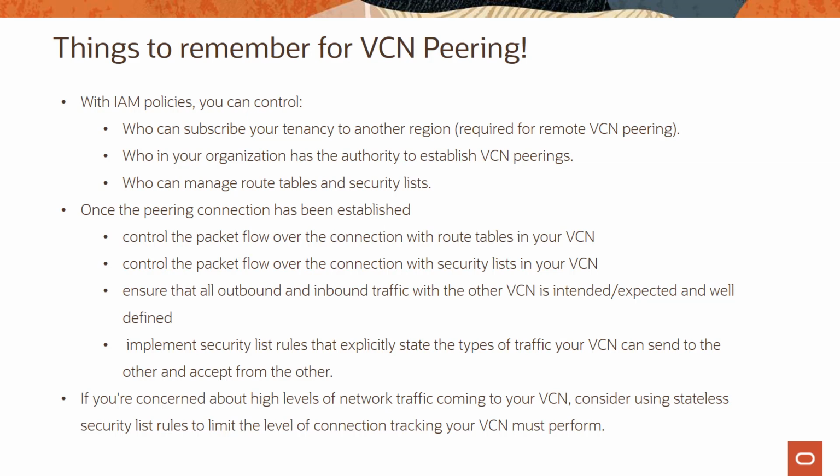To guard against such attacks, you have to use your security list to carefully limit the inbound traffic from the other VCN to only expected and well-defined traffic, and also implement security list rules that explicitly state the type of traffic your VCN can send to the other VCN and accept from the other VCN. And similarly, if you are concerned about high network traffic coming to your VCN, you can consider using stateless security rules in your security list.